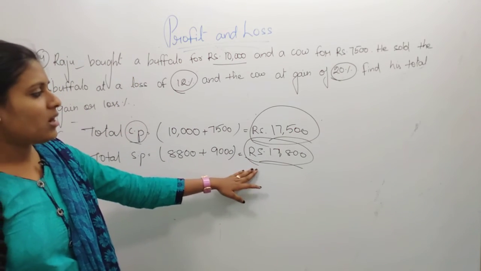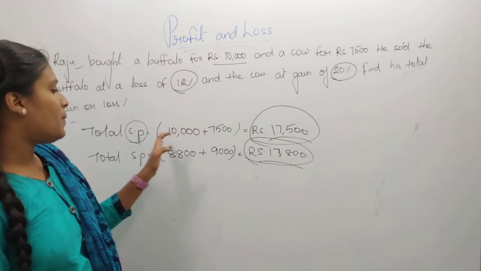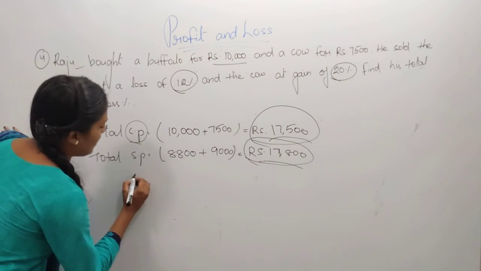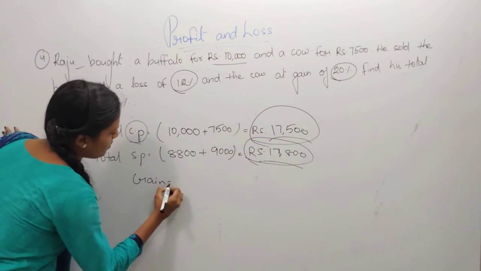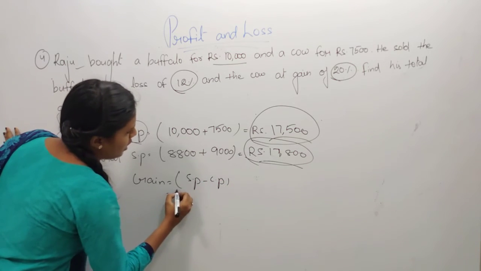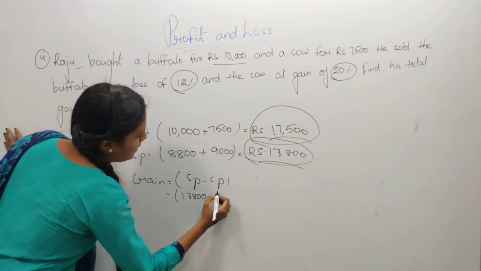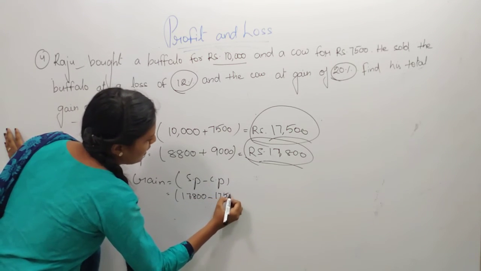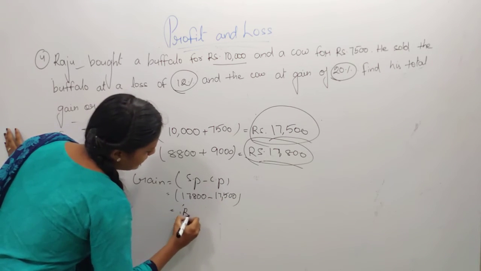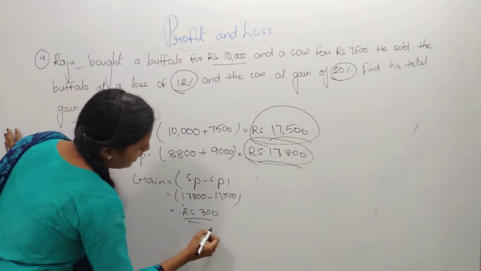Is it gain or not? He sold it at this many rupees and he bought it for 17,500 rupees. It is gain. Then gain is equal to SP minus CP, how much? 17,800 minus CP, 17,500 is equal to rupees 300. He got a gain of 300 rupees.